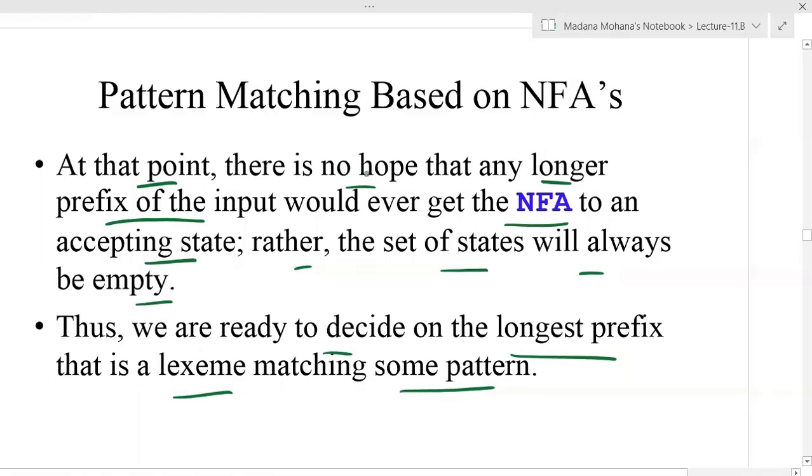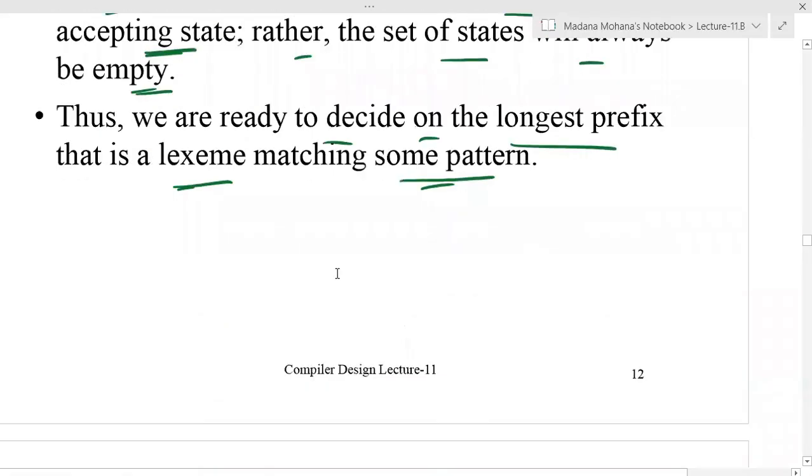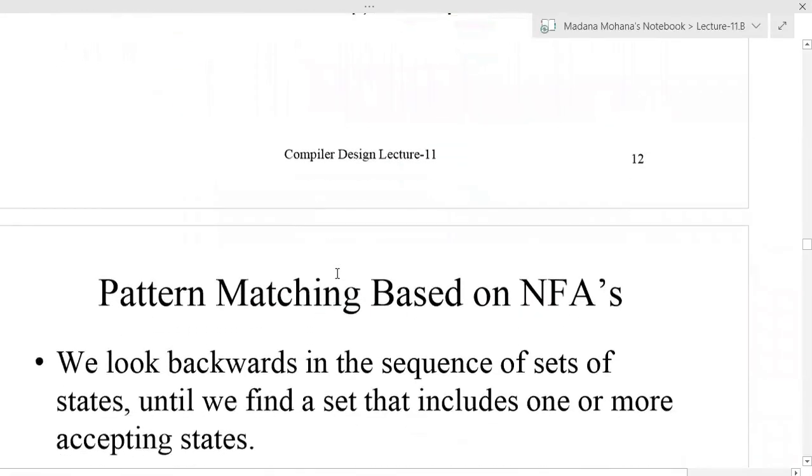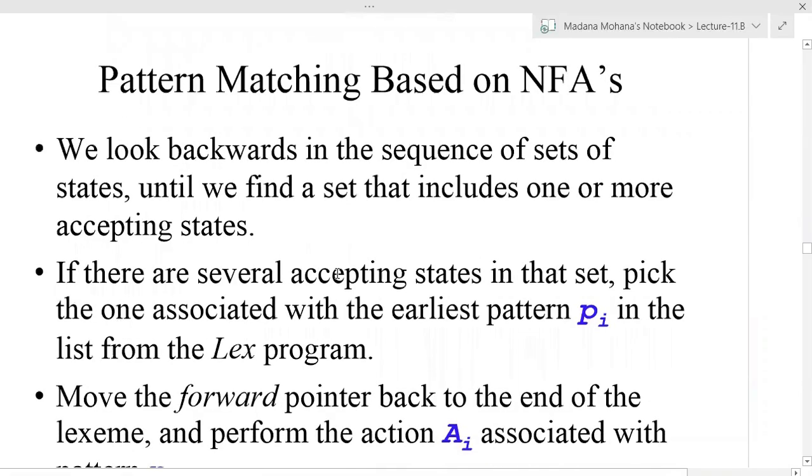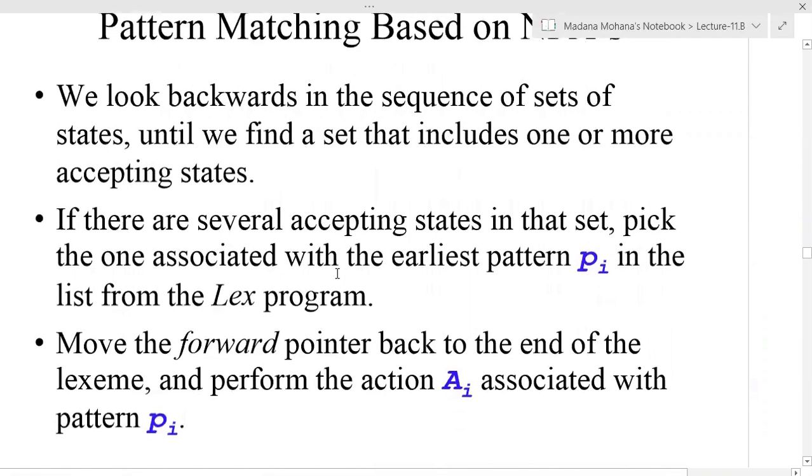Whenever it matches a pattern, by reaching the final state for that pattern, we can say the token or lexeme is found. Otherwise, no lexeme is found or it is not accepted.